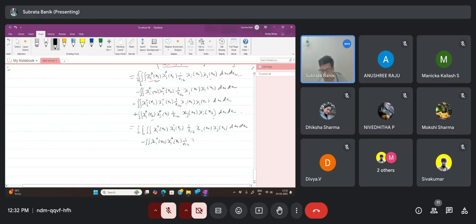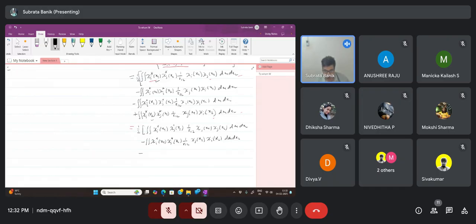I write chi i of x1, chi j of x2, dx1, minus. This will be equal to this. So what we're going to do here, we have chi of x1; instead of x1 I will write x2, so interchange this.